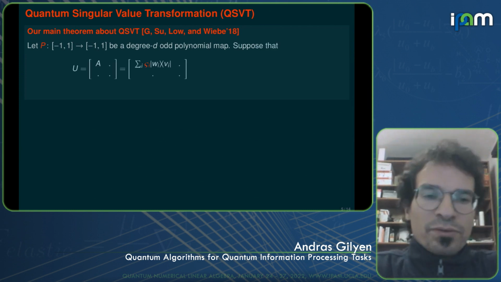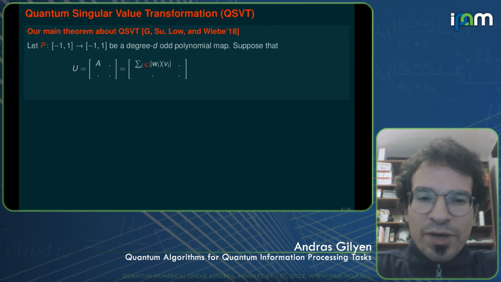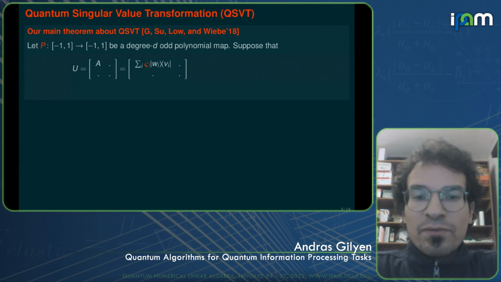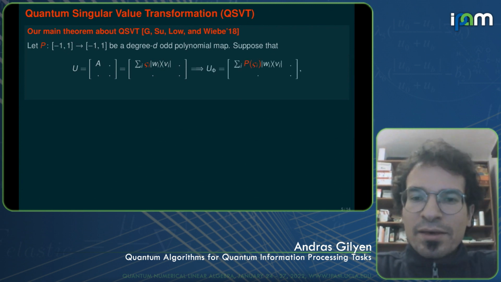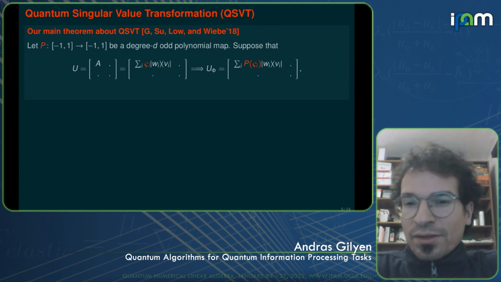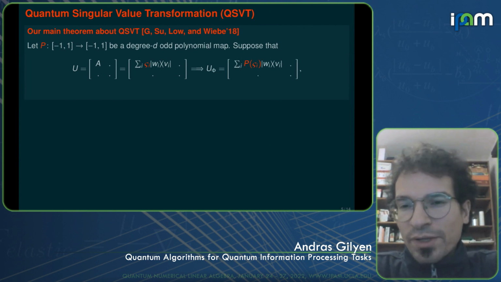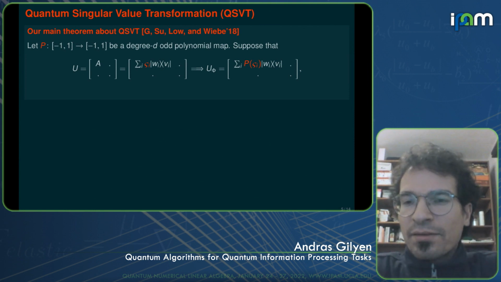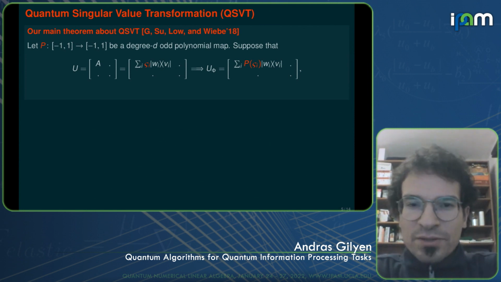Then the following is true: if you have a circuit which is a block encoding of the matrix A, where A has this singular value decomposition sigma i, w i, v i, then you can turn it into a new block encoding where the singular values of A get transformed by this polynomial while the singular vectors stay the same. That's why it's called singular value transformation.